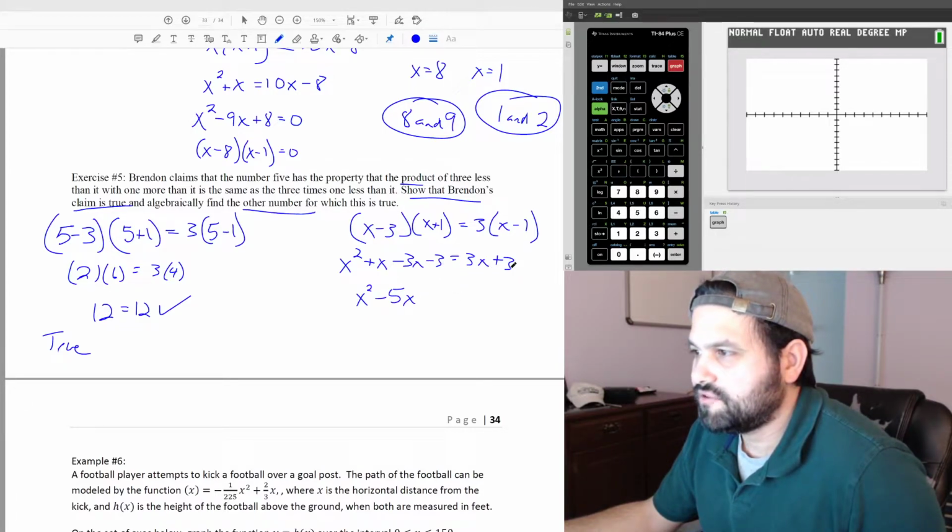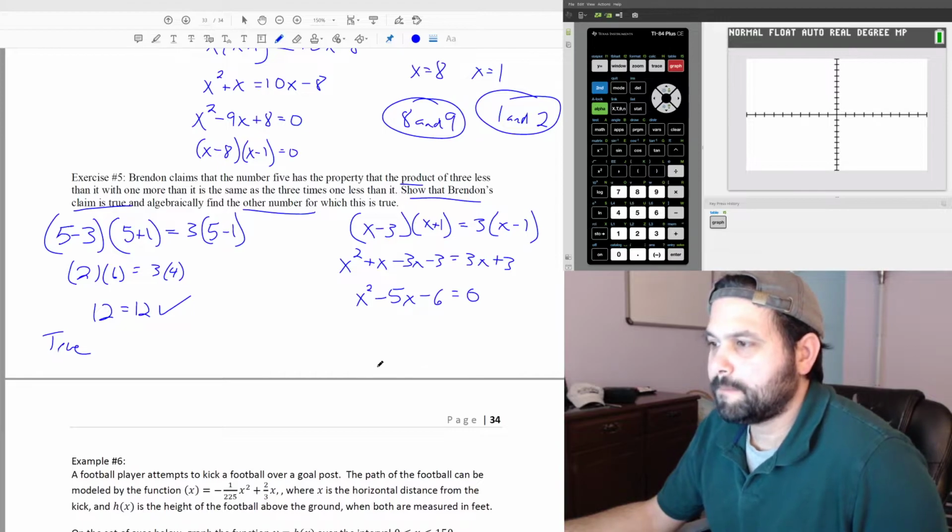And then negative 3, but then I'm going to subtract another 3, so that's negative 6 equals 0. This can factor into x minus 6. Had to think about that one for a second.